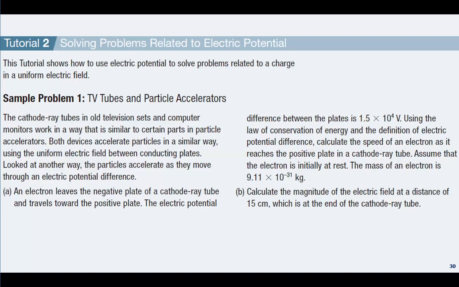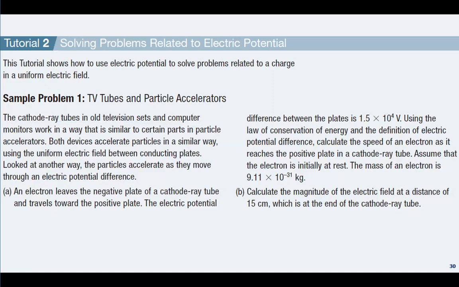So question A, an electron leaves a negative plate of a cathode ray tube and travels toward the positive plate. The electrical potential difference between the plates is 1.5 times 10 to the power 4 volts.